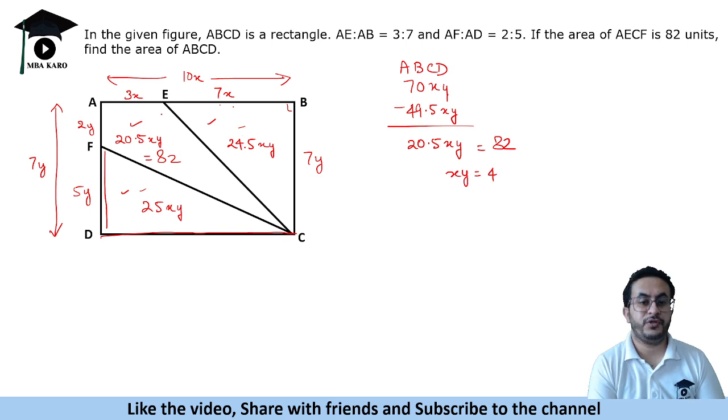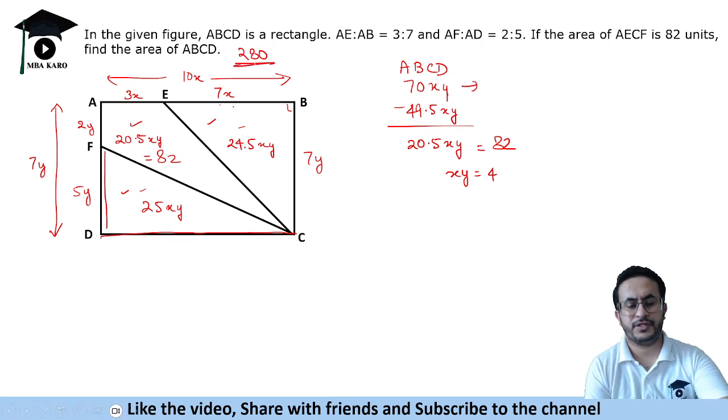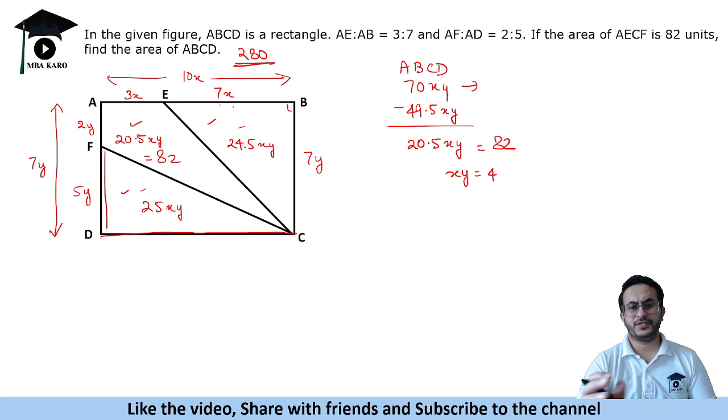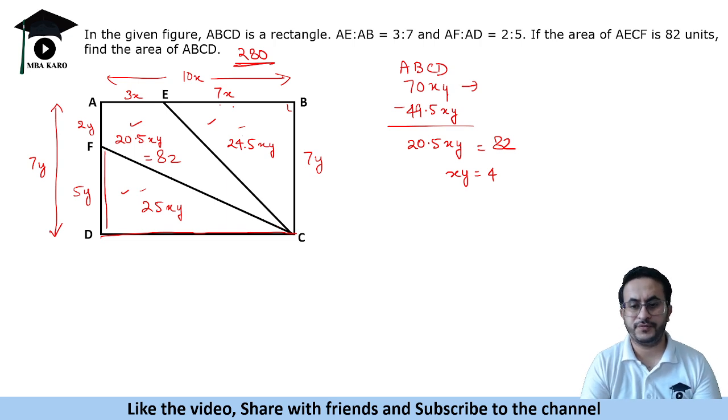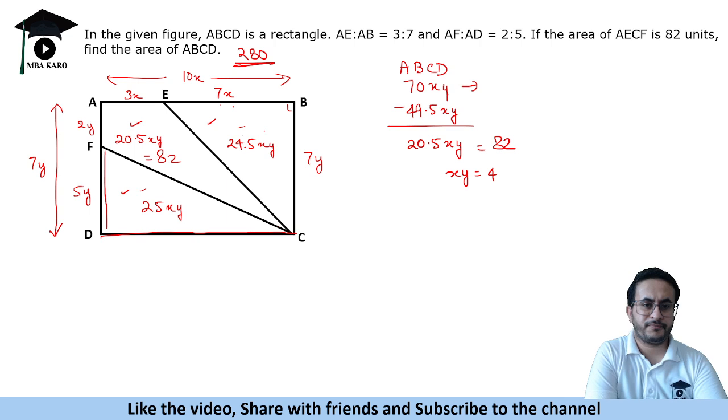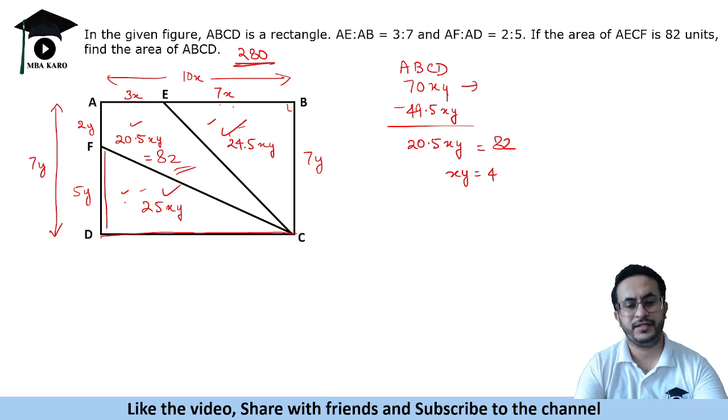If xy is equal to 4, then the total area is 70 xy, which is 280 square units. So this is how we can solve this question. It was quite an easy question to solve. You just had to take the sides in that particular ratio, find the overall area, and subtract the area of these two triangles to get this area and find the complete area.